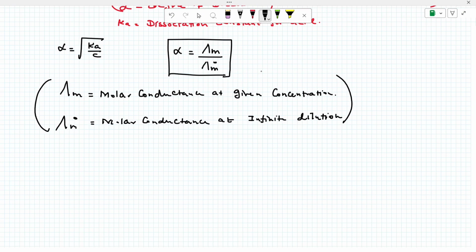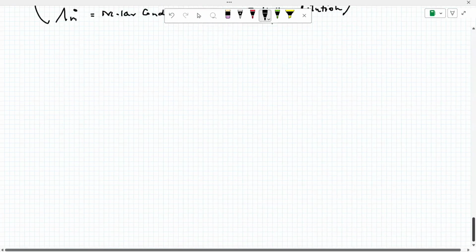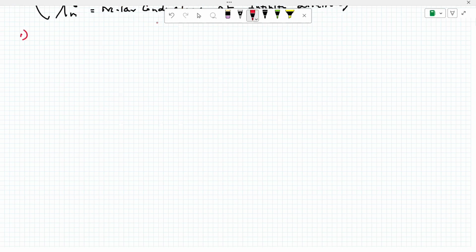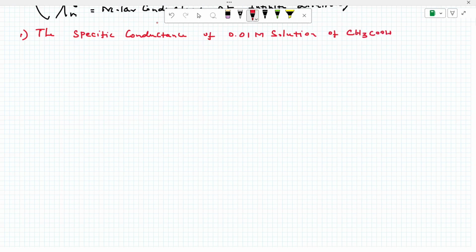Now you go with one question. Please note the question. The specific conductance of 0.01 molar solution of acetic acid CH3COOH was 0.0166 Siemens centimeter minus 1.